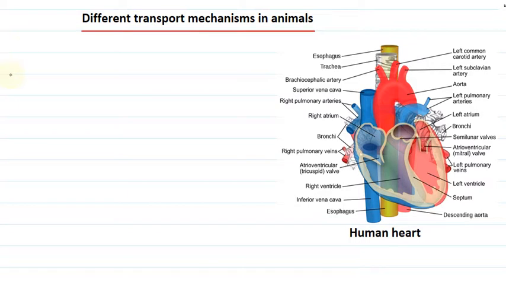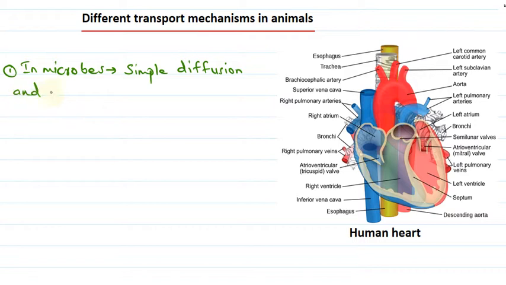So first let's start with microscopic organisms, that is microorganisms. In microbes, how does the process of transportation occur? The process of transportation occurs through simple diffusion and osmosis. So these two mechanisms help in transportation of substances in microbes.